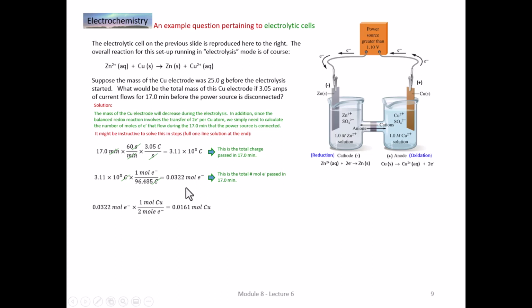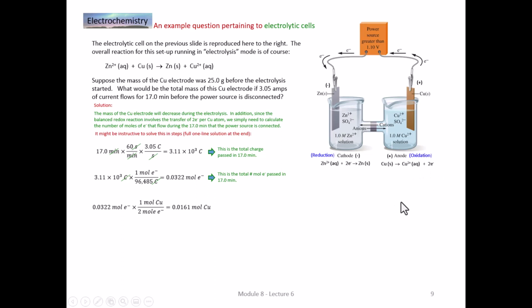So right here we'll take 0.0322 moles of electrons that pass through the circuit. We'll multiply by the fact that we'll lose 1 mole of copper metal for every 2 moles of electrons that flow through the circuit. Again, because of the equation for copper going to copper ion that involves 2 electrons.